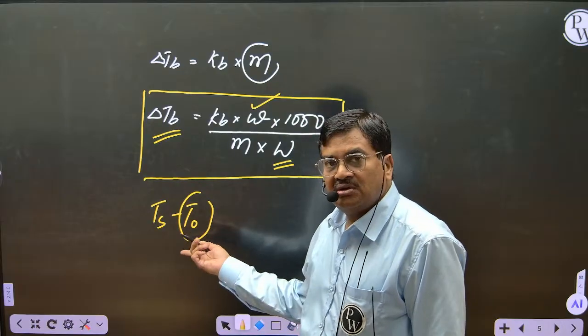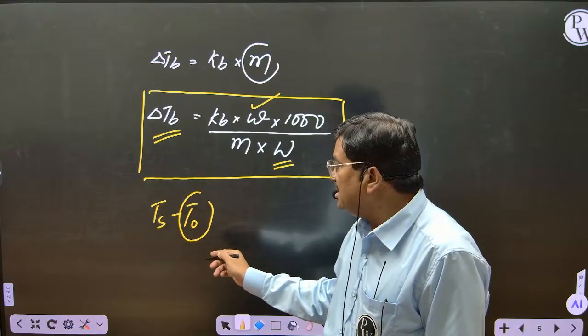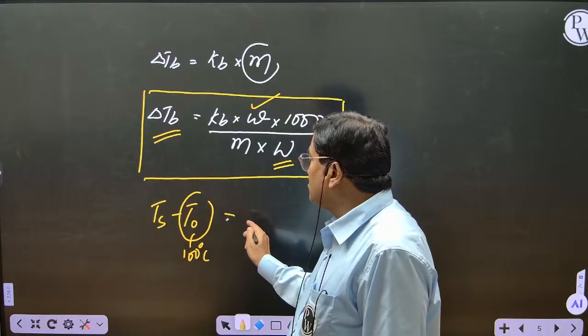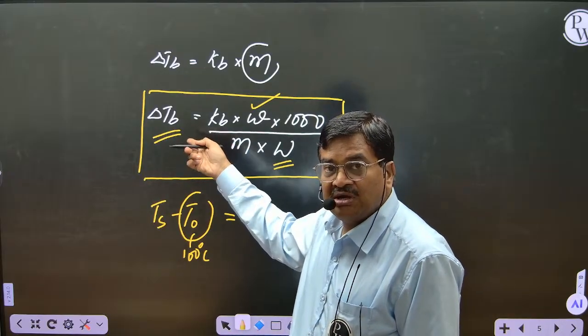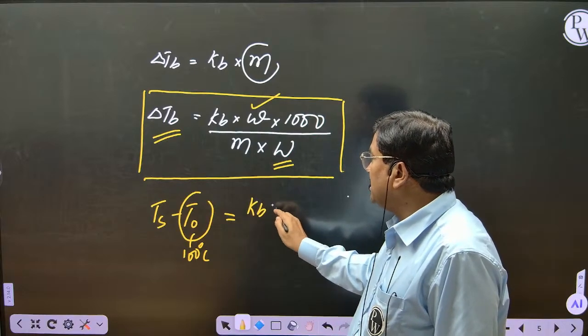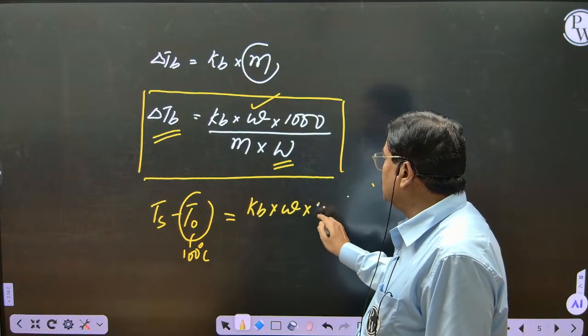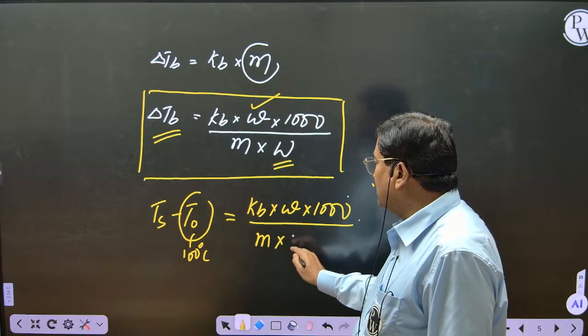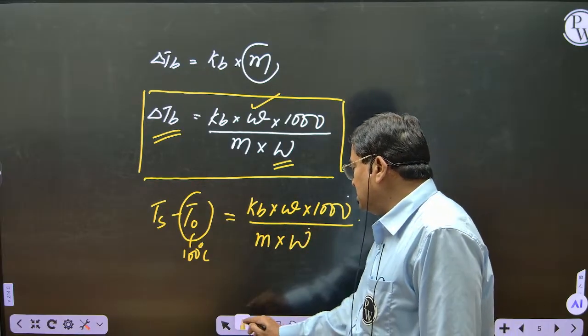If it is water, no need to give the boiling point. Its value will be how much, student? 100 degrees Celsius. This should be equal to Kb. Kb value, if it is water, they will give you 0.53. So, Kb into mass of solute into 1000 by molar mass into weight of solvent. This is the relation. Keep it in box.